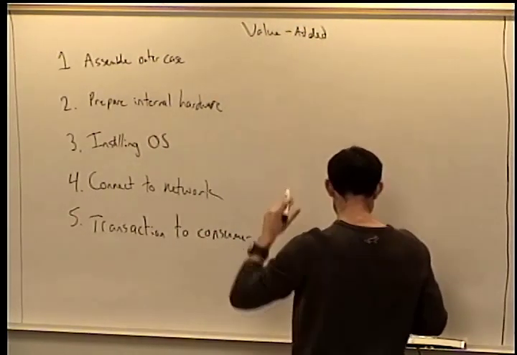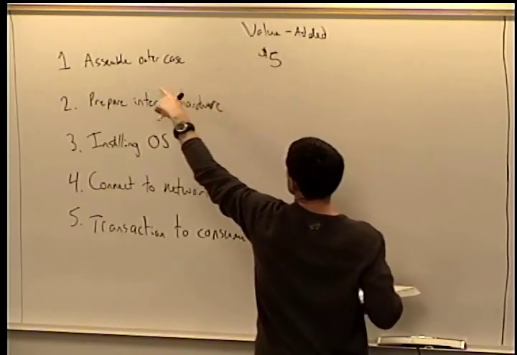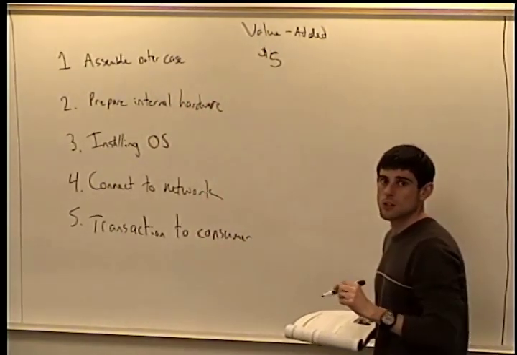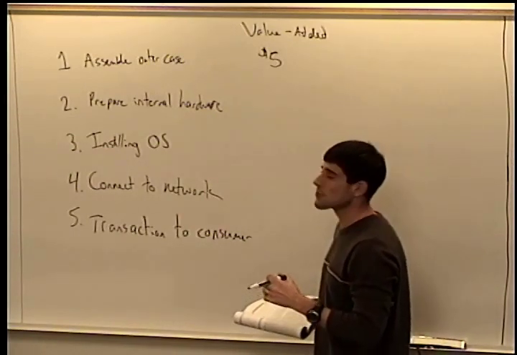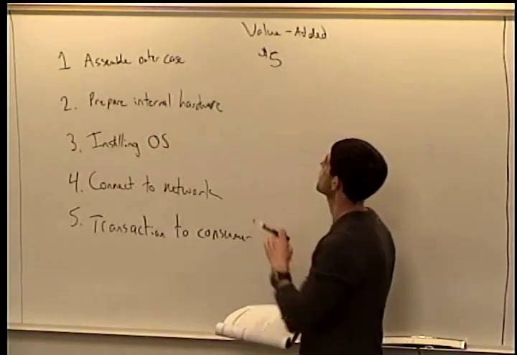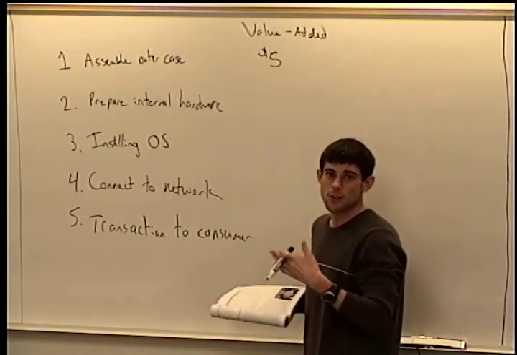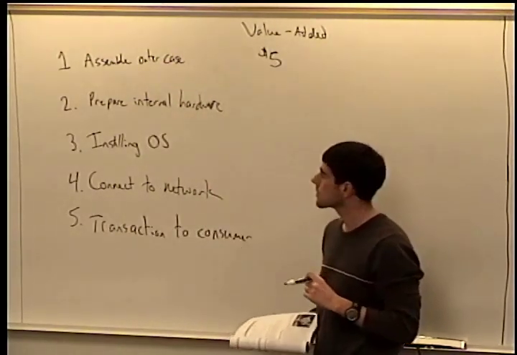For the outer case, let's say it's $5. We can buy the outer case for $5. So the value added from the raw materials to produce the case, which is already pre-molded, is $5. So we added $5 in value to the cell phone simply by producing the outer case.